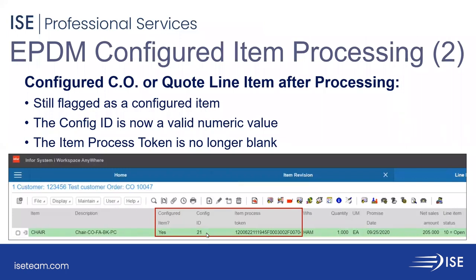It doesn't have that SKU number anymore, and your item process token will show values besides 40, 40, 40, etc. So you can see exactly what's in your item process token, and that means that XA EPDM has successfully built an item process record for that configuration. And of course, your item process marries together a bill of material and a routing. So once you see this, you're good to go. That means CPQ and XA EPDM have finished their processing.